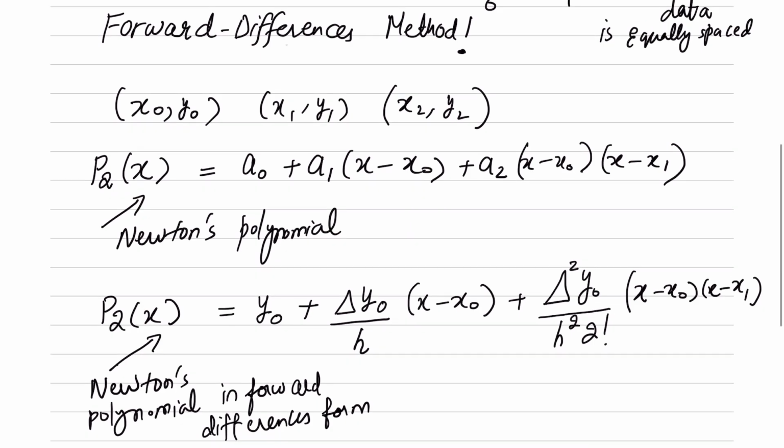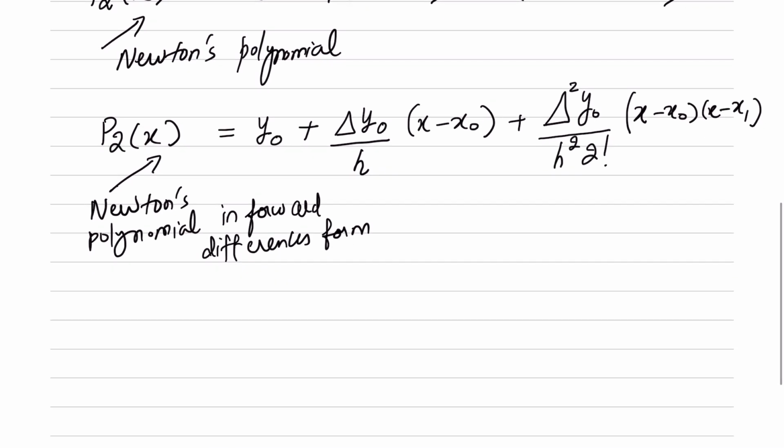So we have written the Newton's polynomial in forward differences operator form. Now we are just going to find the value of forward operator y naught and forward operator square y naught by constructing the forward differences table.